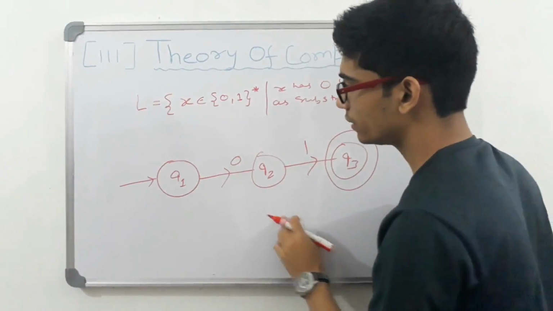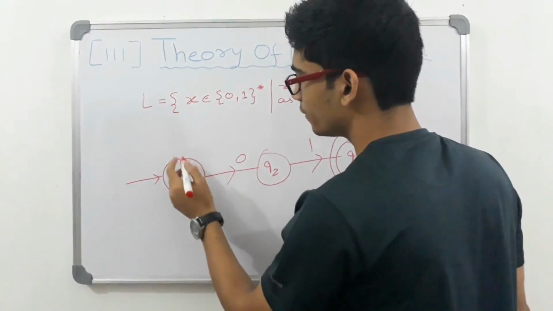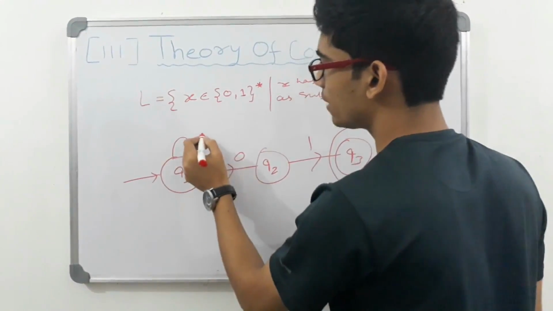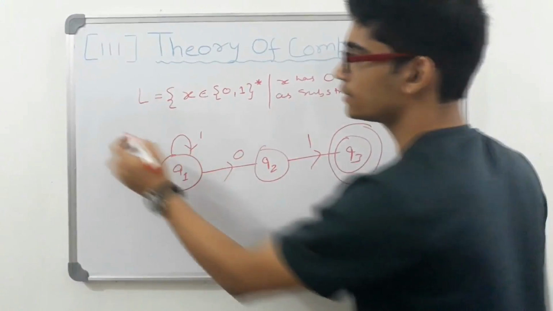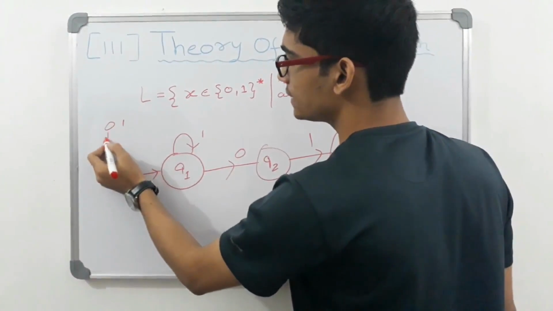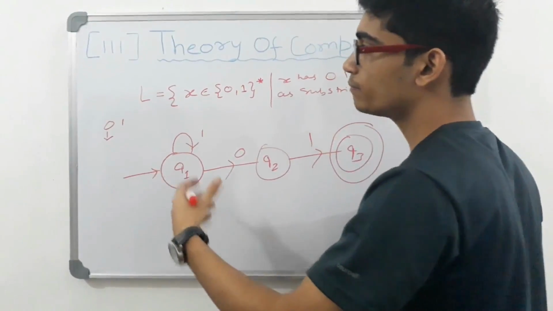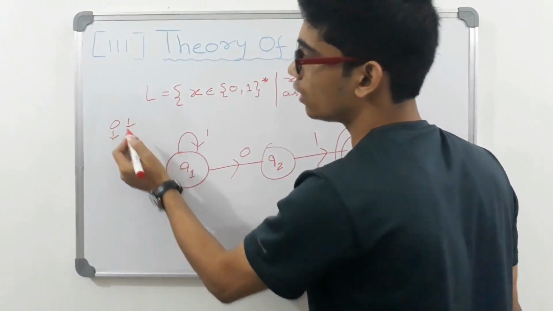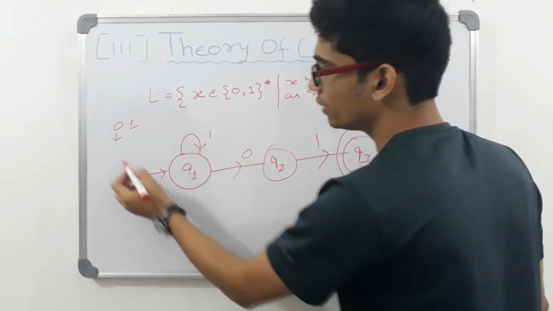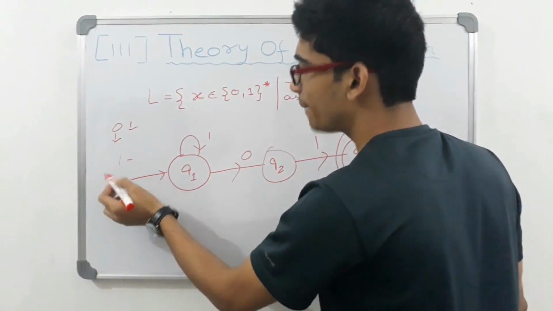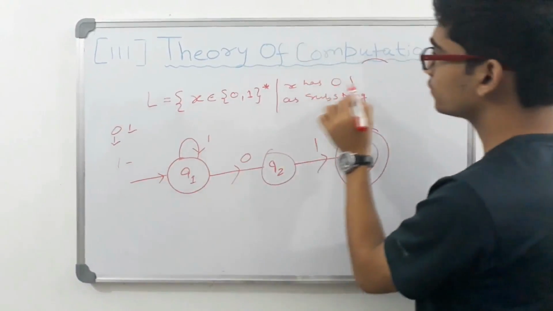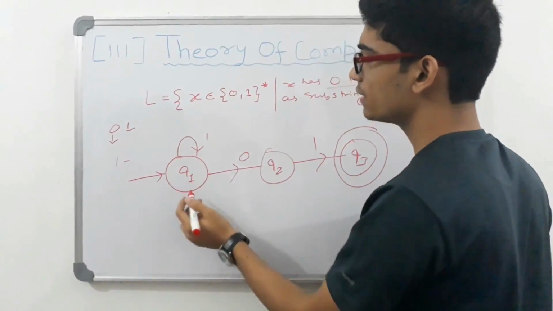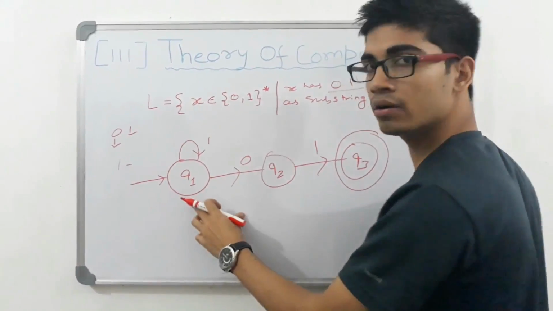When I am at this state, if I get an input 1, then no, our target was to get a 0, because we are searching for 01. If we face a 0, then we have some positive attitude that yes, we can get a 1, and we are moving toward our goal. But if we get a 1, we have to first get a 0. So we'll say no, I will remain in this state only. There is no significant achievement toward our goal.